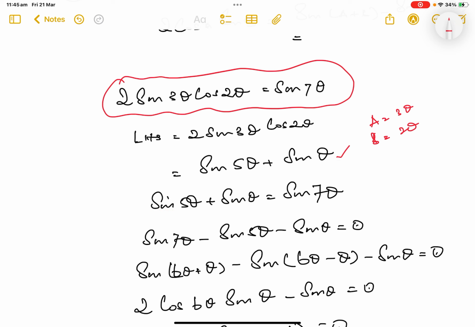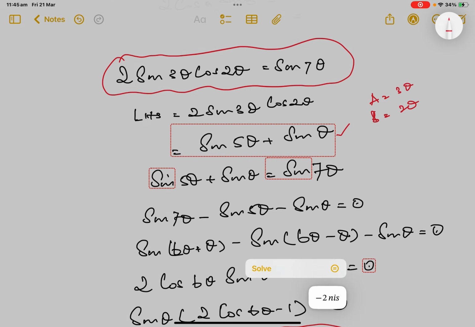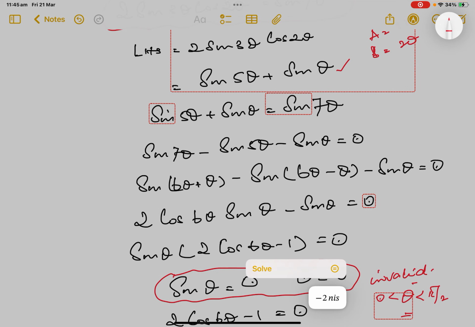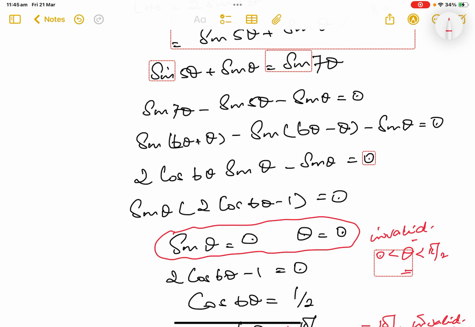Going back to the actual equation, the left hand side we have found is sine 5 theta plus sine theta, and the right hand side is simply sine 7 theta. If I rearrange it and take it to one side, sine 7 theta minus sine 5 theta minus sine theta equals 0.